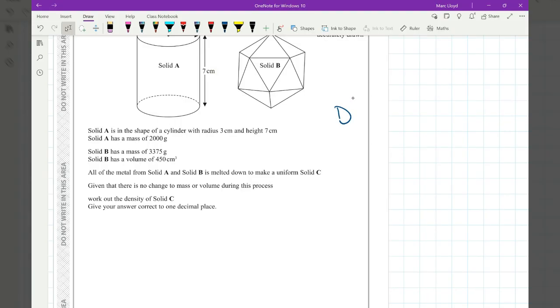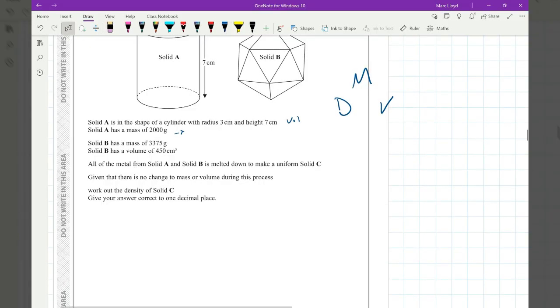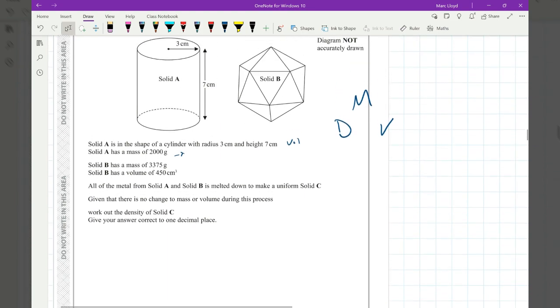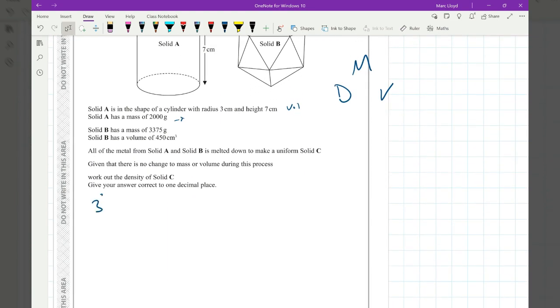So we've got density, mass, volume, and we're given mass, we need to work out the volume of A. We'll need to work out both volumes and both masses. Yeah, so 3 squared times by pi, so pi r squared, and then we need to times by 7.